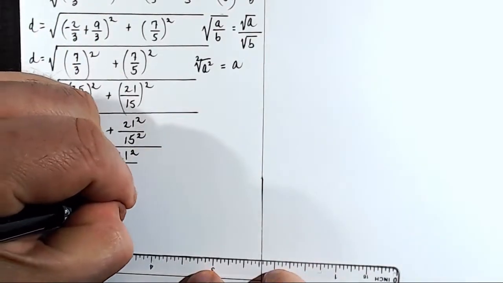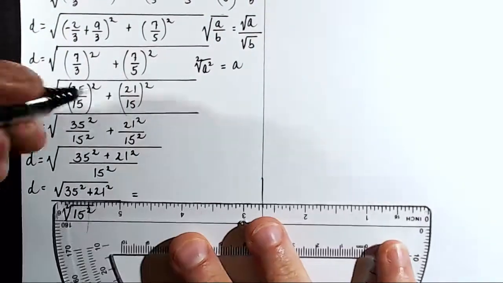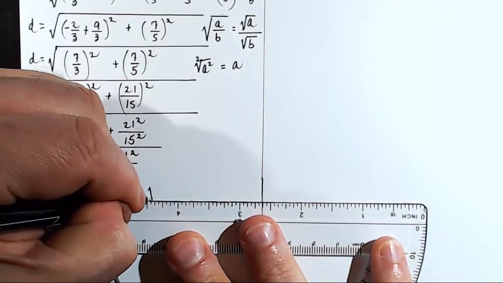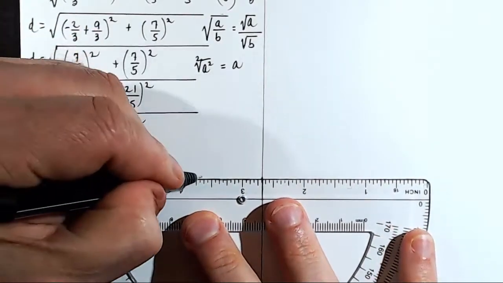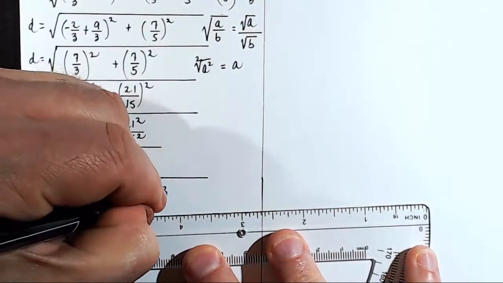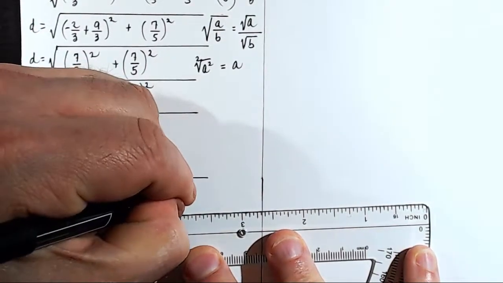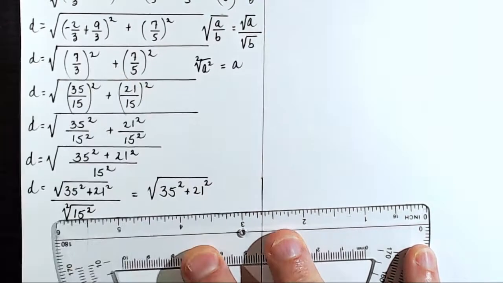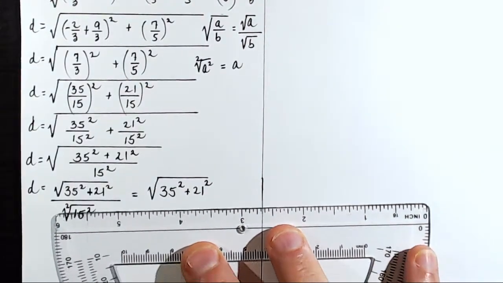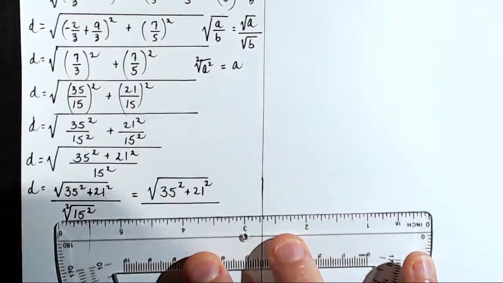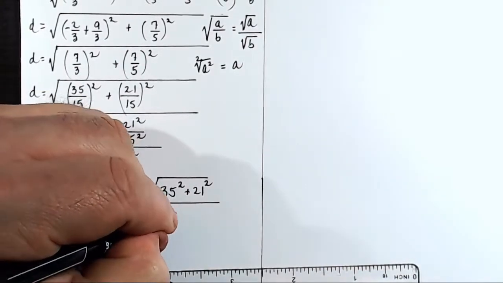So let me keep writing this. Equals the square root of 35 squared plus 21 squared over just 15 now.